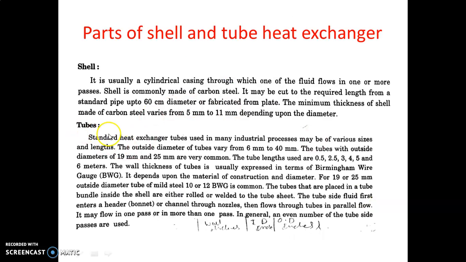The next part is the tubes. The tubes used generally in heat exchangers are standard, that means their length, diameter and thickness are standard. The diameter of the tubes may vary from 6 mm to 40 mm, and 19 mm to 25 mm are very common outside diameters.